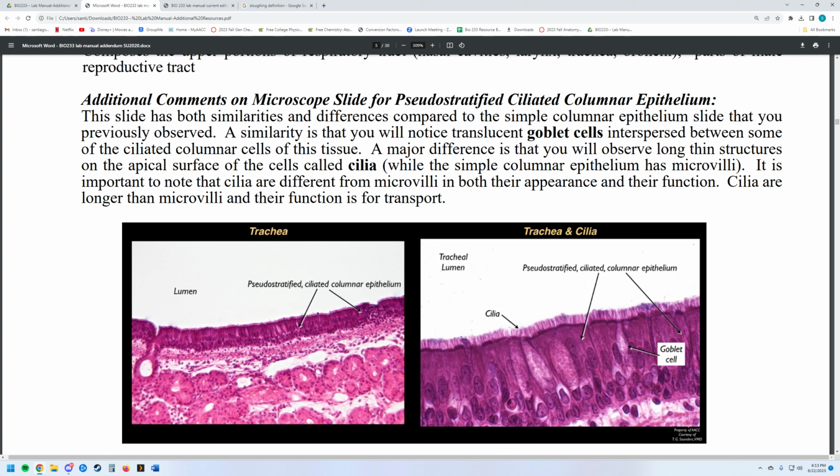The major difference is that you will observe long, thin structures on the apical surface of the cells called cilia, while the simple columnar epithelium has microvilli. Okay, that's the difference. It is important to note that cilia are different from microvilli in both appearance and function. Cilia are longer than microvilli, and their function is for transport.